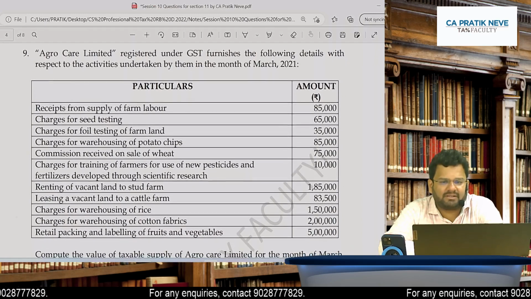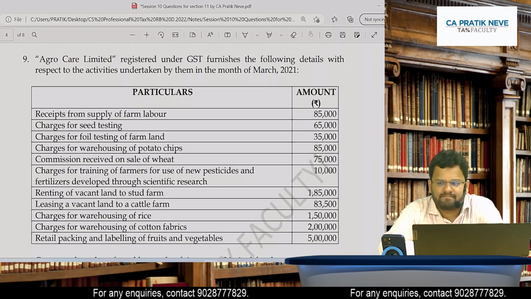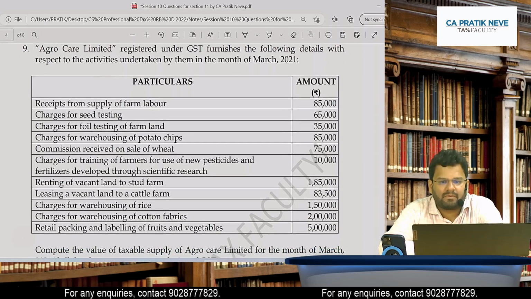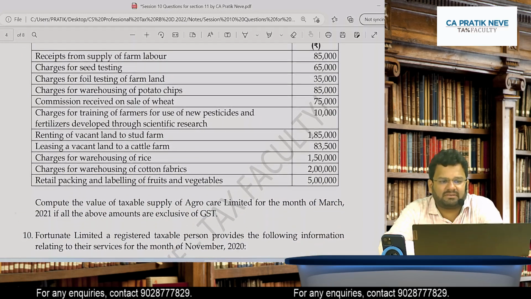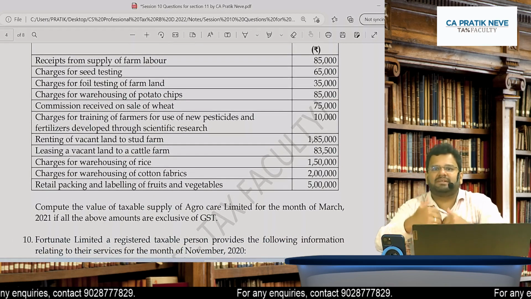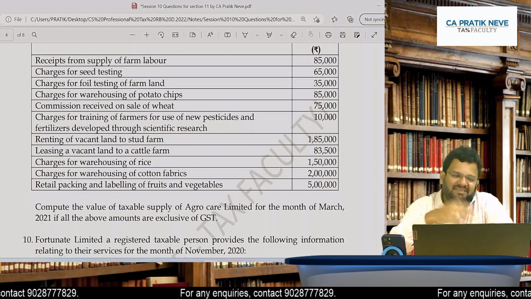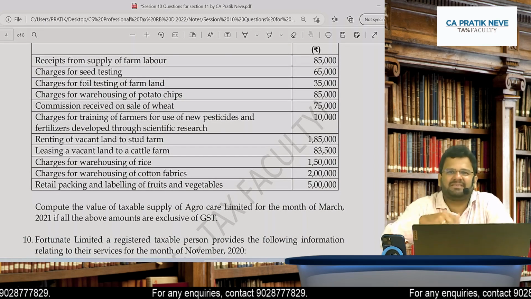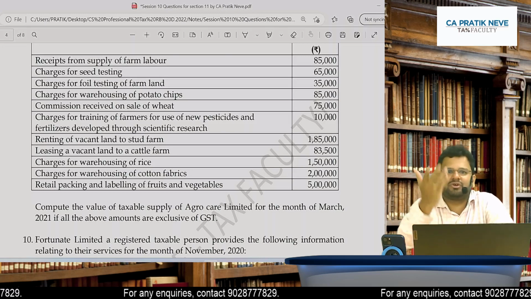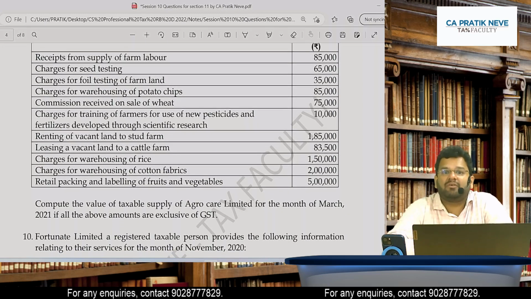A lot of points I have covered in the ninth question. Check. March month's various supplies done are given. So again supplies, some receipts are there, so information about those receipts is given. Why will there be receipts? Because you have given the supply. Now you have to tell me which supply is exempt and which supply is taxable.